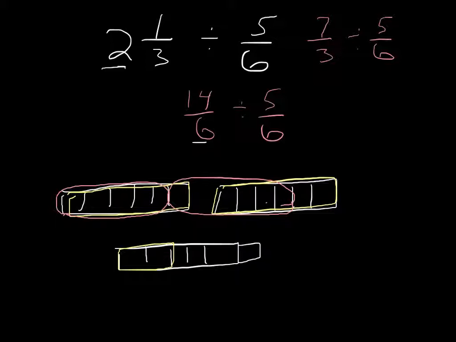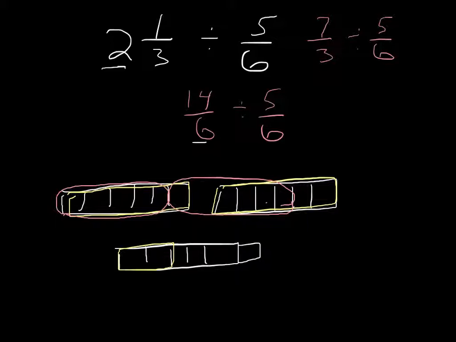Now let me just repeat that again. I'm looking for another group of 5 out of 6. So I only have 1, 2, 3, 4 out of the 5 that I'm looking for. So I have 1 whole, 2 wholes, and then 1, 2, 3, 4 out of another group of 5 that I'm looking for.